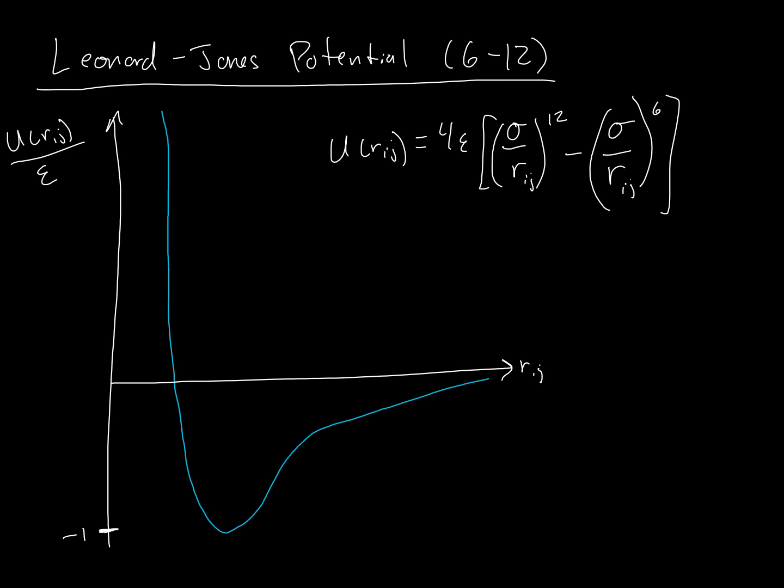The second term here follows what theory would predict for what van der Waals attraction is. So the London dispersion forces are the van der Waals forces. They drop off as a function of r to the minus 6 power. So the further away you get, the less attraction that you have.